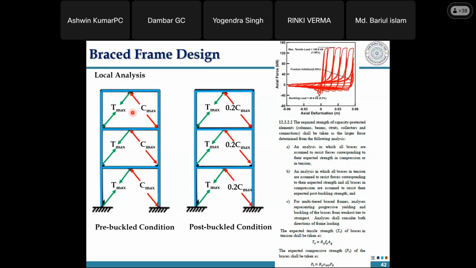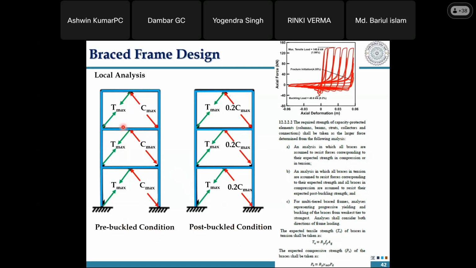And in this, what we are trying to think of is: I have finalized a brace size, and I remove the braces from the structural system and give the components of forces there, Tmax, taking two conditions, a pre-buckle condition and a post-buckle condition.